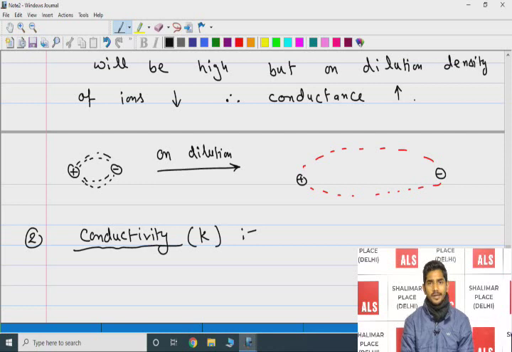You can consider anything, strong or weak electrolyte, whatever part you think is easy to understand. But just answer my question: on dilution, will the number of ions per ml solution increase or decrease?